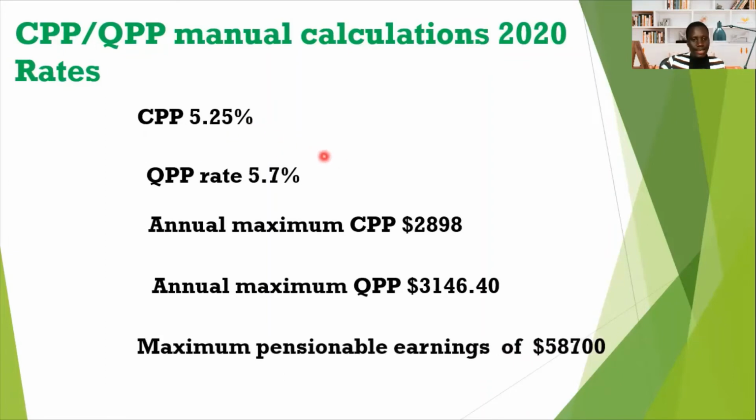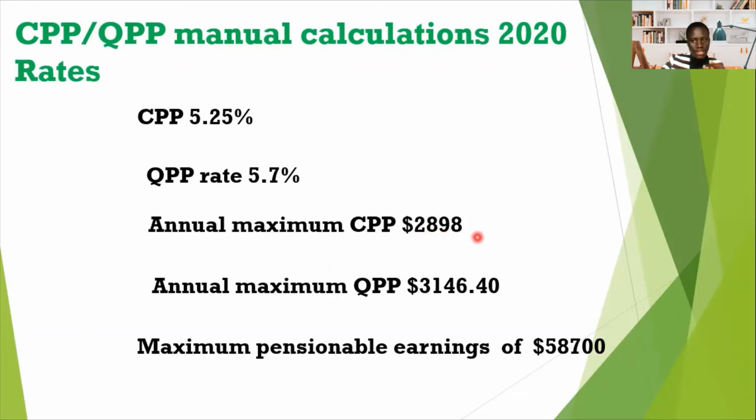So for CPP this year we have 5.25%. The Quebec rate is 5.7%. The annual maximum is the amount that, let's say someone is earning a lot of money, the percentage they contribute to the CPP should not be more than 2,898.